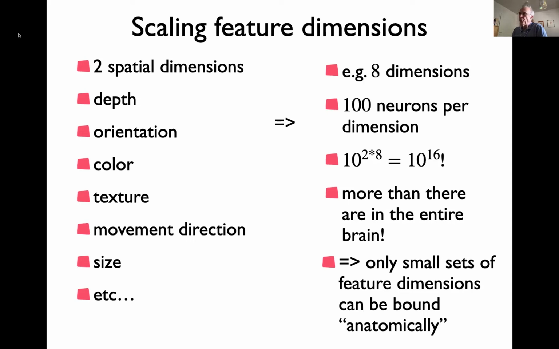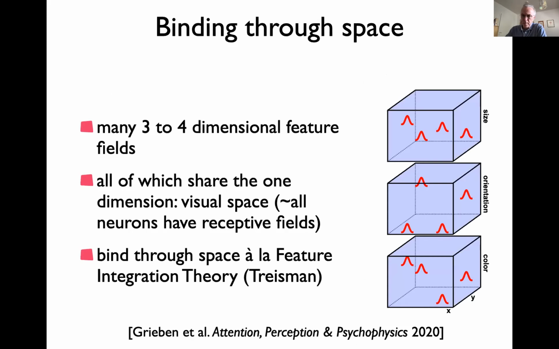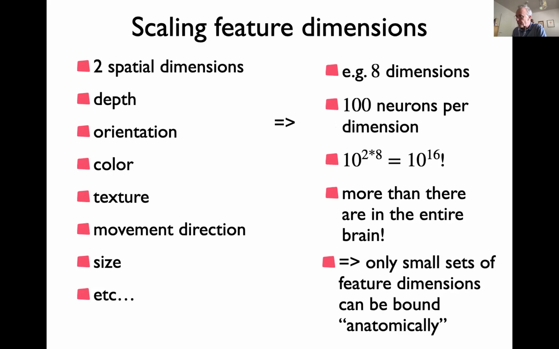We certainly know that neurons in the visual system, let's say visual cortex and first couple of areas, represent retinal dimensions. They represent depth in the sense of disparity, orientation, color, texture, movement direction. There's some scaling, size, and there might be multiple like that. So if I count it correctly, these together would be 8 dimensions.